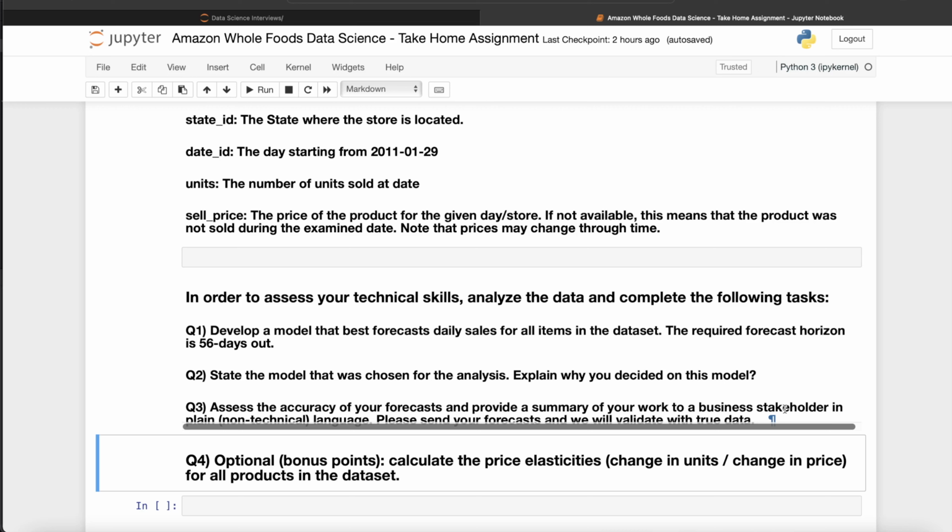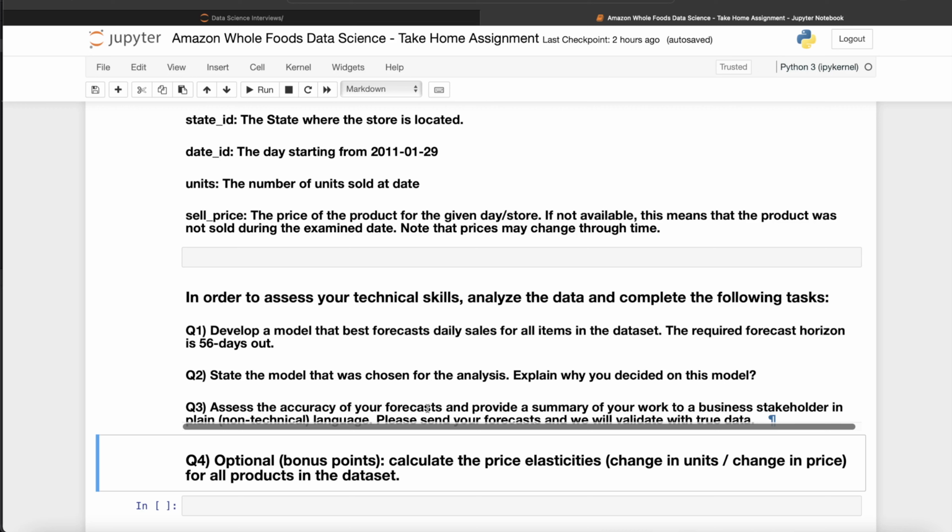So that is why you state the model that was chosen for the analysis, and these two questions are interlinked. You need to think about it in a clear manner. And what does assess the accuracy of your forecast mean? Again, it is a simple machine learning exercise, right?